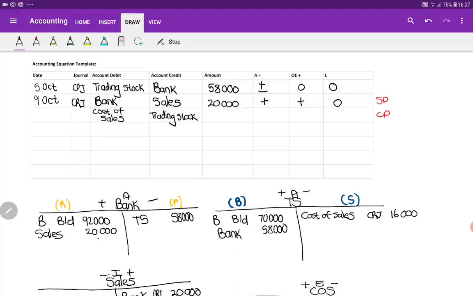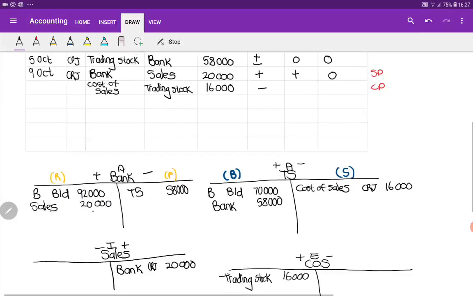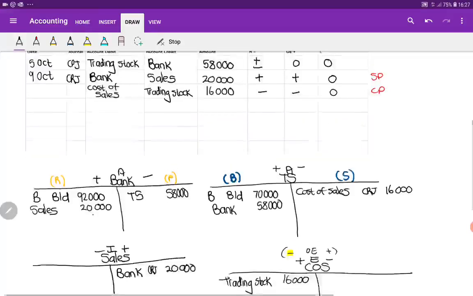The amount 16,000. Our assets will decrease. The expense will have a negative effect on my owner's equity. Now I've indicated the selling price and the cost price.